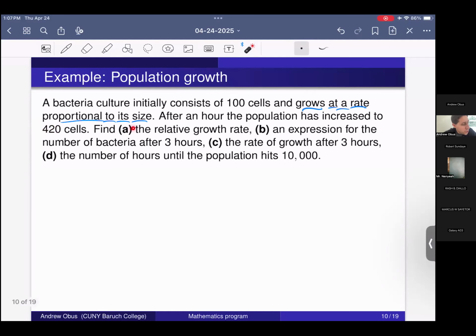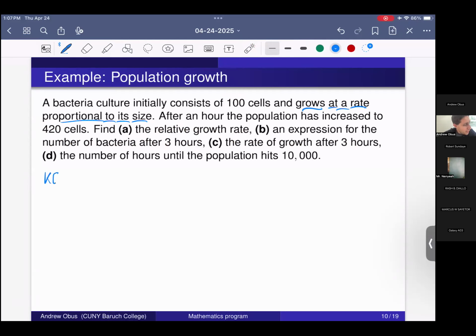So it's a four-part question. Find the relative growth rate, an expression for the number of bacteria after 3 hours, the rate of growth after 3 hours, and the number of hours until the population hits 10,000. Okay, so it's a lot of things that we're asked to find from not very much information.